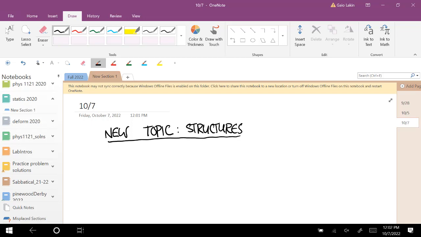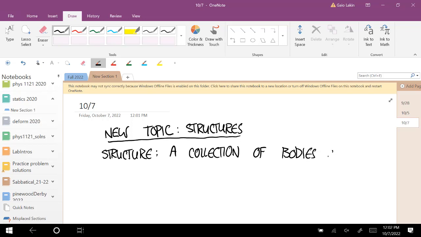So first, a structure is a collection of bodies connected by joints in static equilibrium.